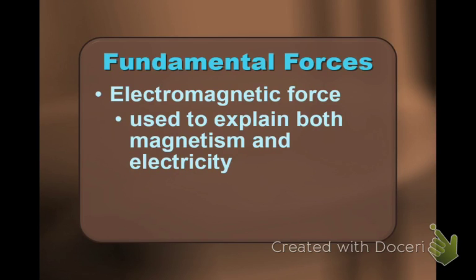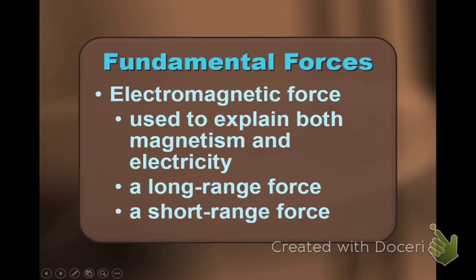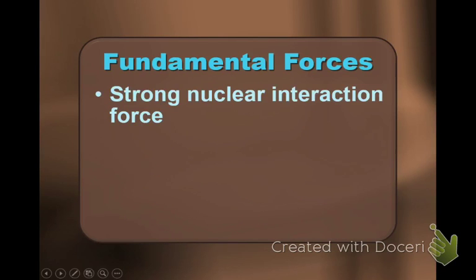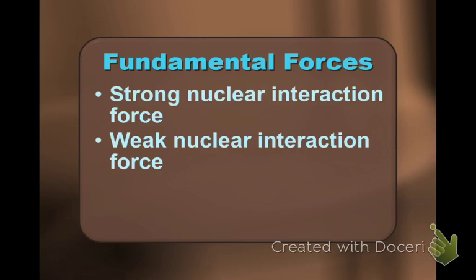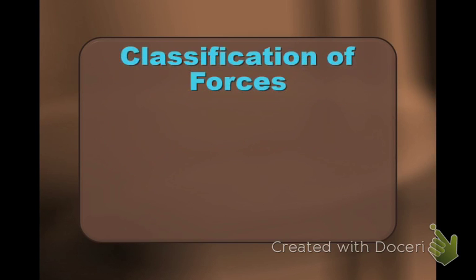This is used to explain magnetism and electricity. Notice electromagnetic. It's a long-range force, and there's also a short-range force of it. The third fundamental force is strong nuclear interaction force. And then the fourth one is weak nuclear interaction force.